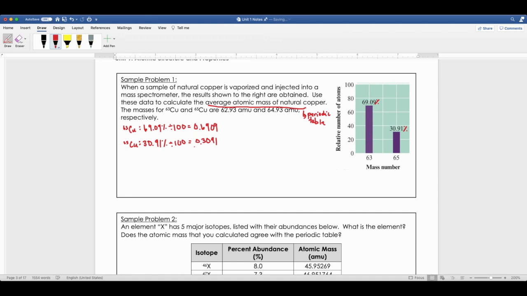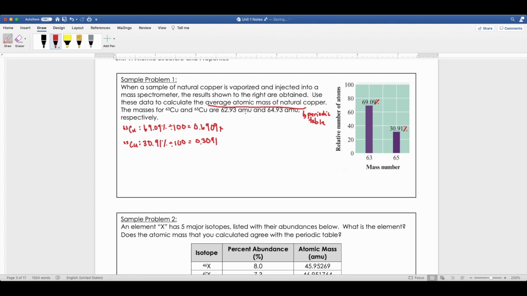Then I'm going to take that and multiply it by the mass of that particular isotope. So I'm going to multiply this 0.6909 by the atomic mass of copper 63. And it's telling me here that copper 63 has an exact mass of 62.93 AMU.